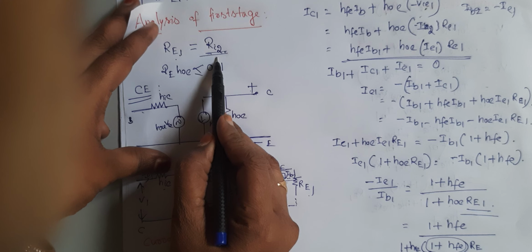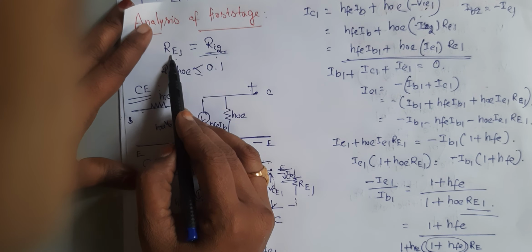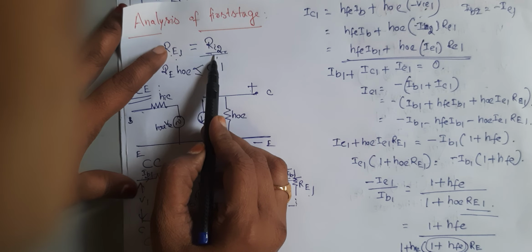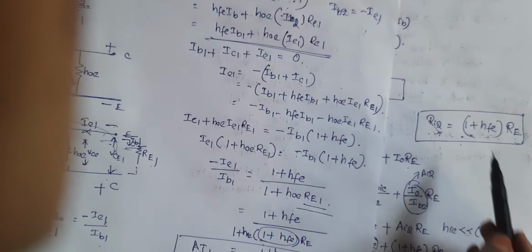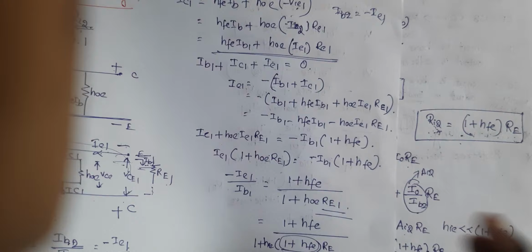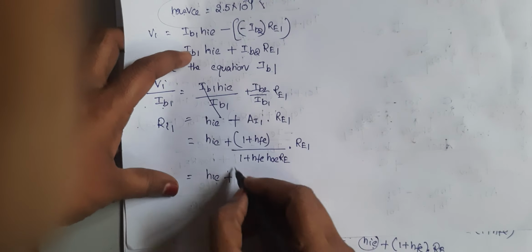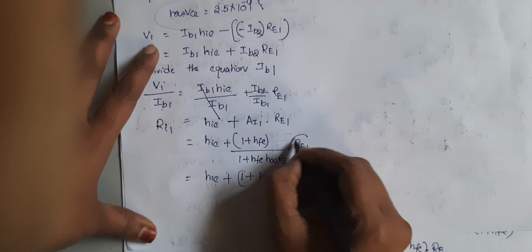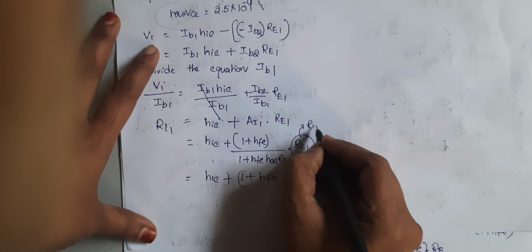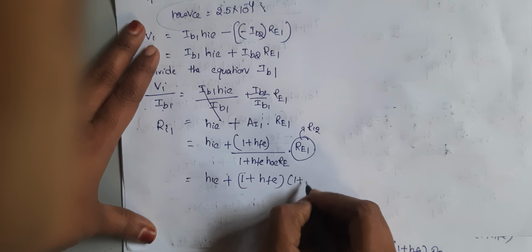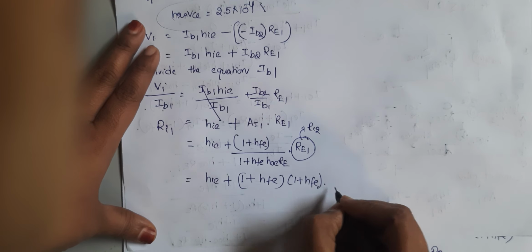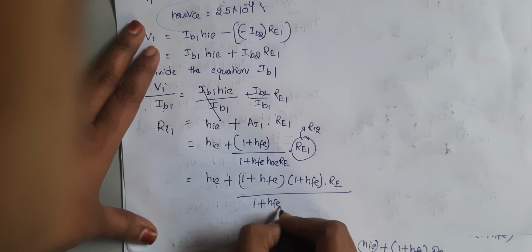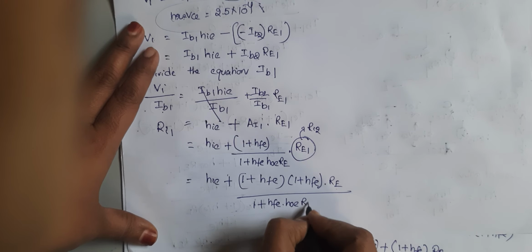Again, HIE plus, what is RE1? RE1 is equivalent to RI2. The output resistance of the first stage is equivalent to the input resistance of the second stage. Again, what is RI2? 1 plus HFE into RE. So we place the RI2 value: 1 plus HFE into RE by 1 plus HFE HOE RE.